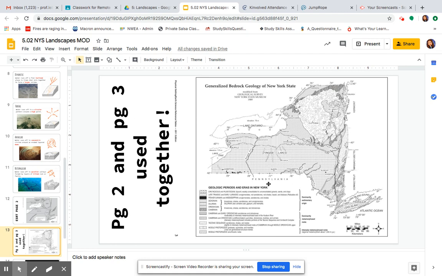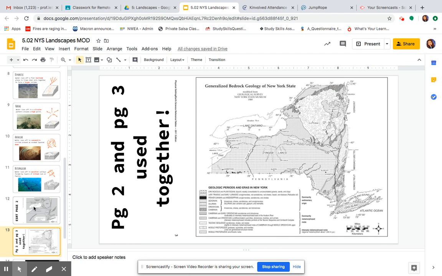And this shows the different types of rocks that are found in New York State and during which era and period they were laid down. We have mostly sedimentary and metamorphic rock in New York State. And again, they give us a compass on the side and they give us a scale to figure out the distance.